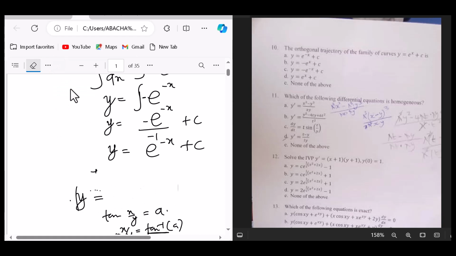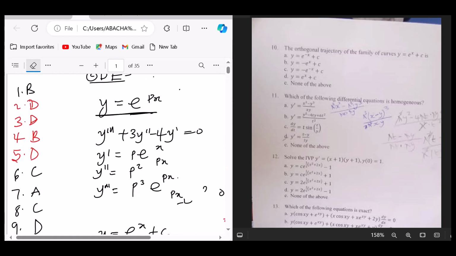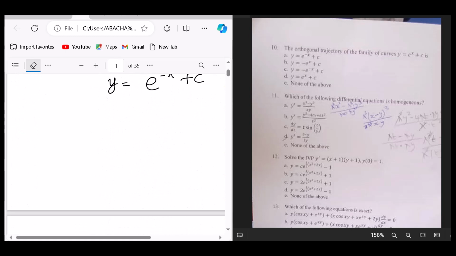Okay, so we are going to number 11. Let's look at number 11. The question is which of the following differential equations is homogeneous.